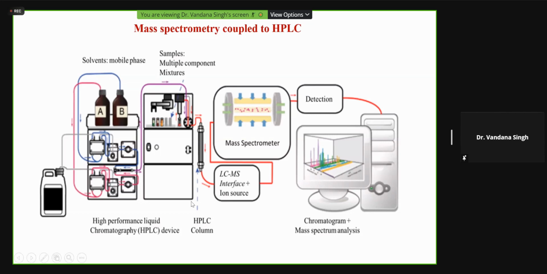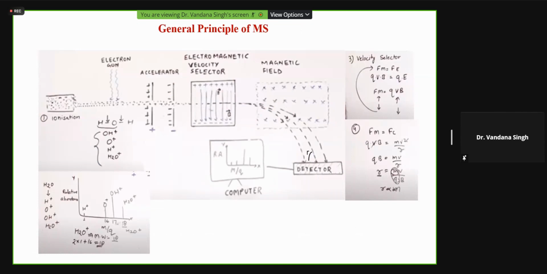And there is an interface between this liquid or gas chromatography and mass spectrometry, where the separated compound coming through the HPLC or GC enters the mass spectrometer, where they get separated based on their mass by charge ratio, and then they reach the detector, and they get detected, and we get this kind of peaks or chromatogram or mass spectrometry graphs.